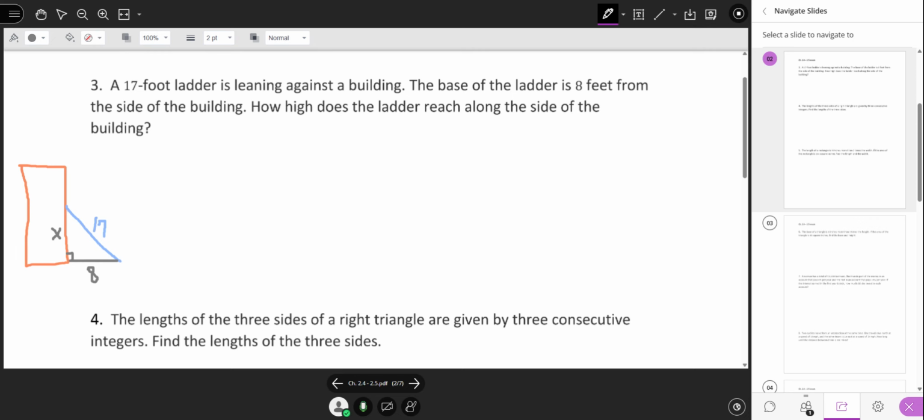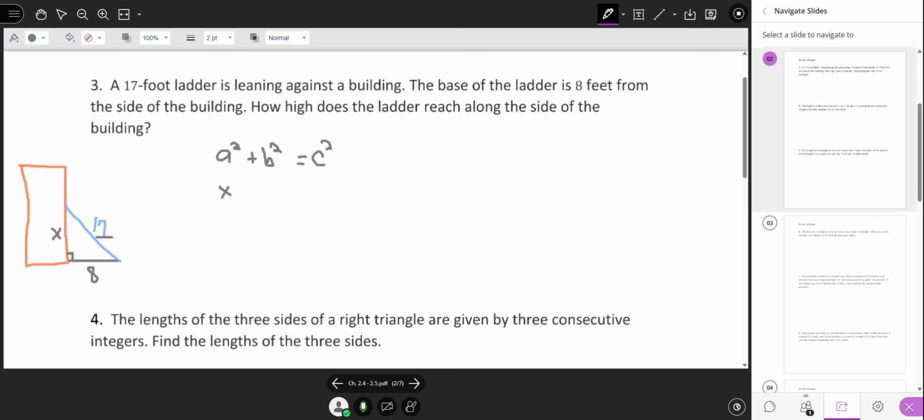Okay. Well, this is a right triangle which uses what's called the Pythagorean theorem. A squared plus b squared equals c squared. C is always the hypotenuse, the longest side.